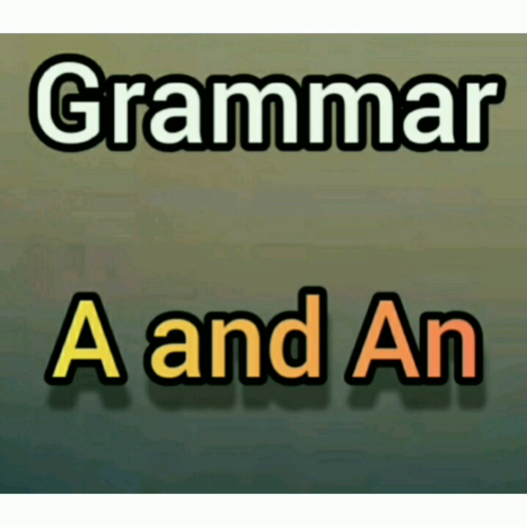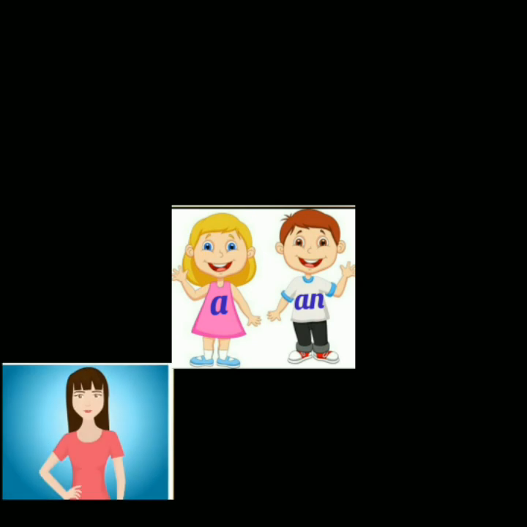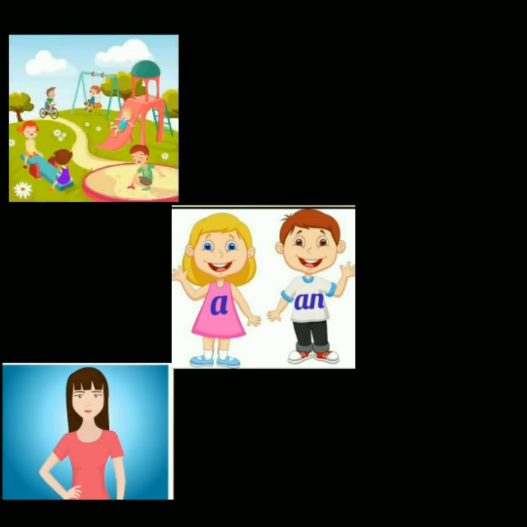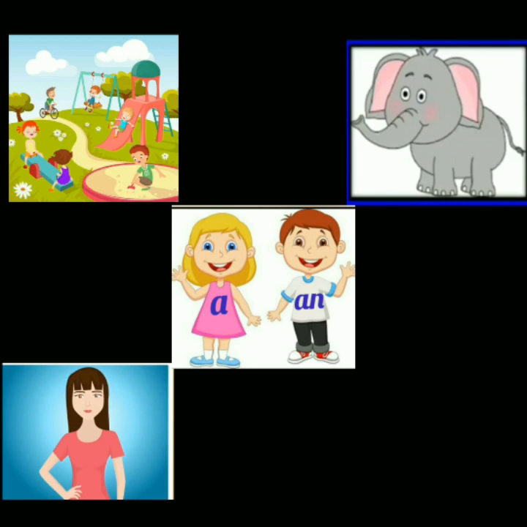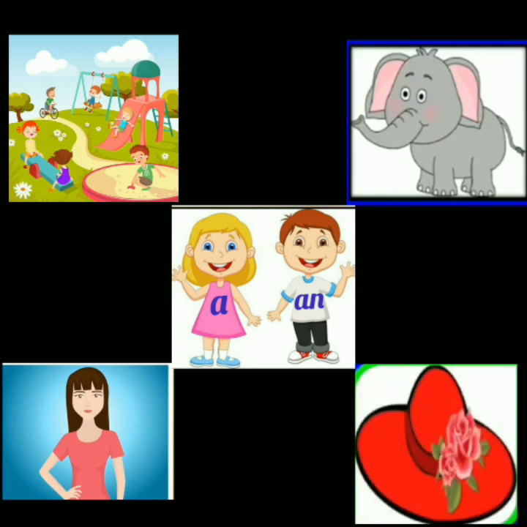Kids, A and AN are called articles. We use A and AN when we talk about one person, one place, one animal, and one thing.